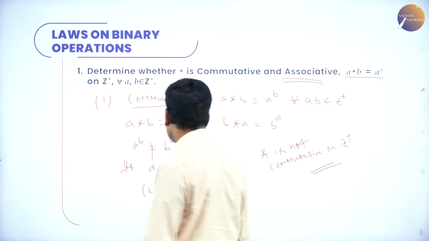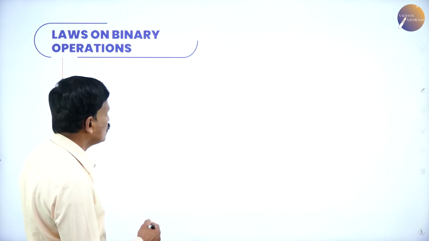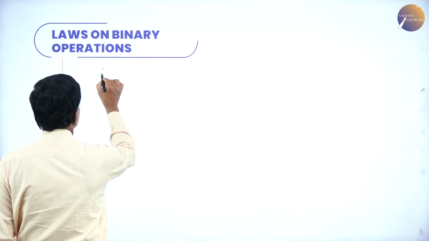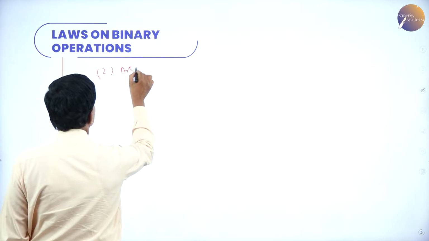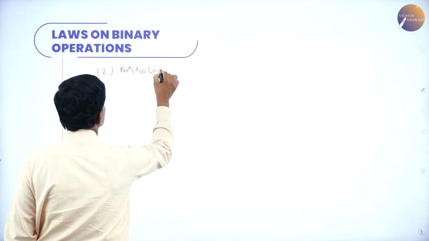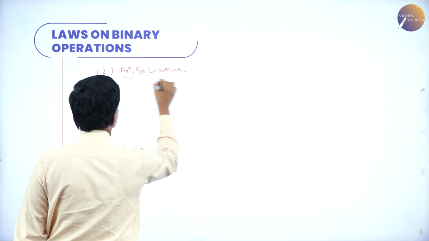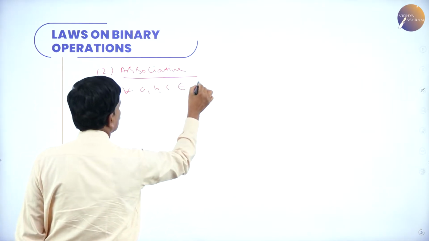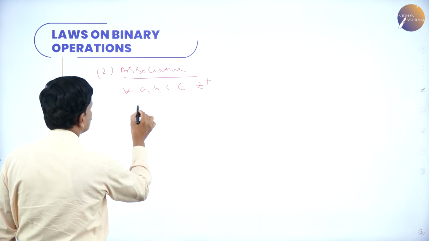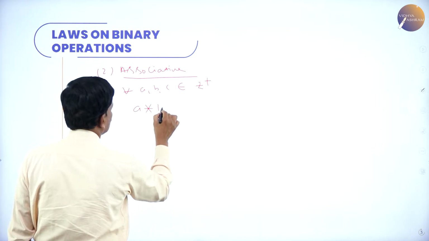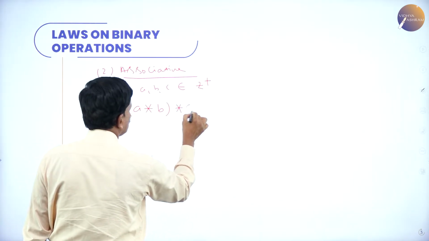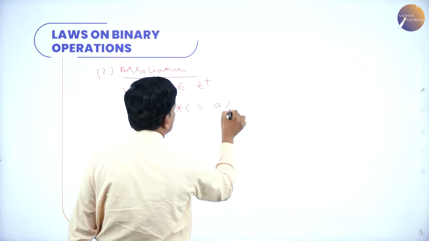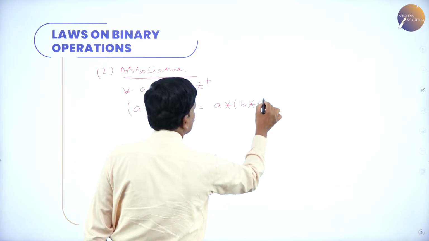Now let us come to the second part, associative. Associative property: for all A, B, C belonging to Z plus, the associative property is (A star B) star C is equal to A star (B star C).